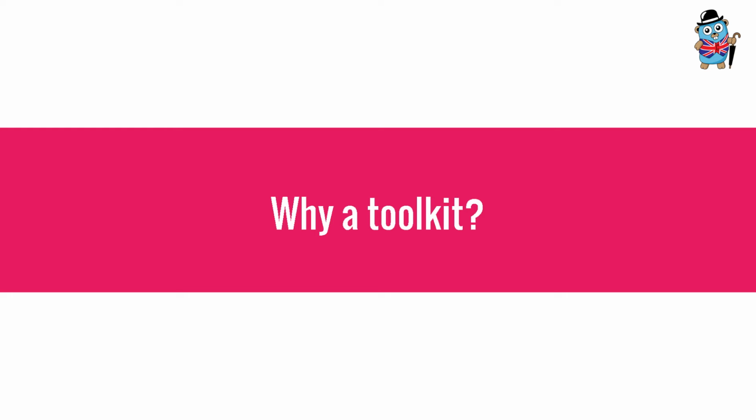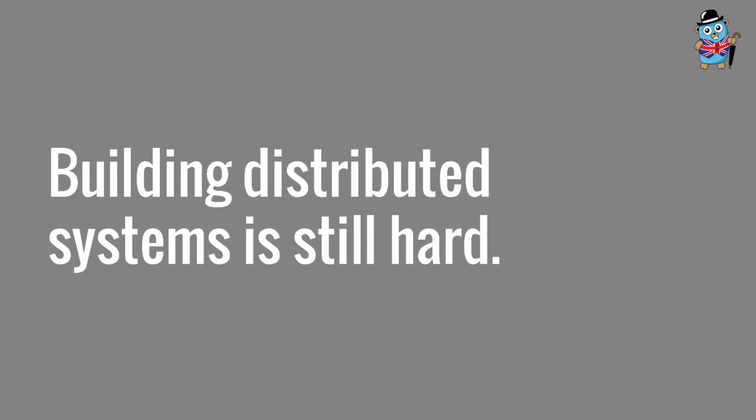But moving away from that, talking about why I built this toolkit. Well, I think building distributed systems is still hard. I think even for me personally, while technology is advancing, there's still a lot of those same problems, right?